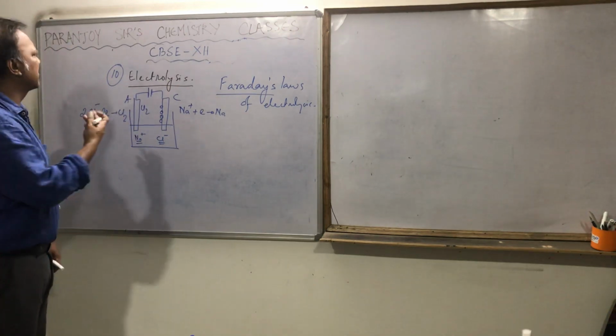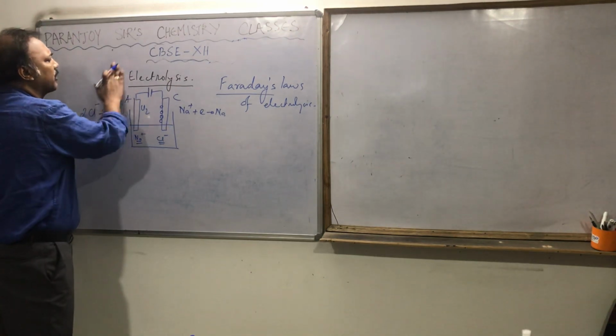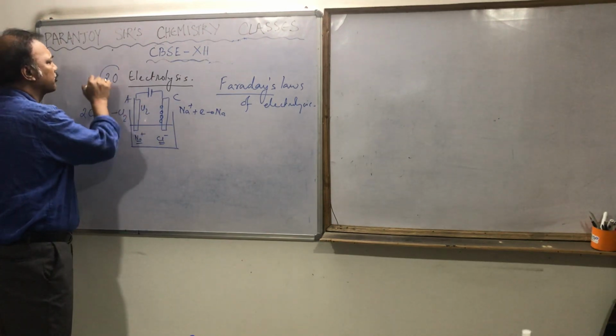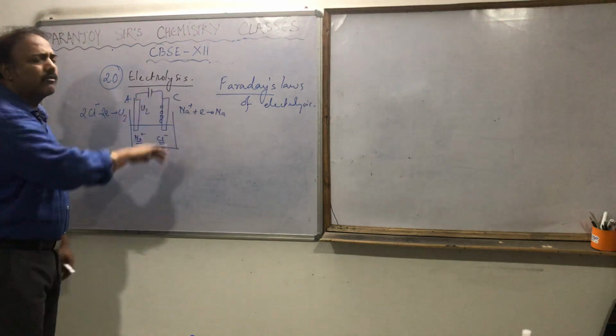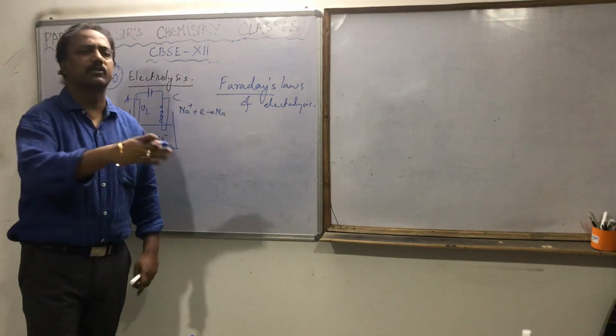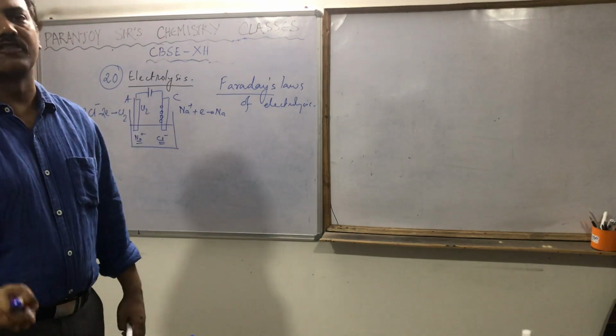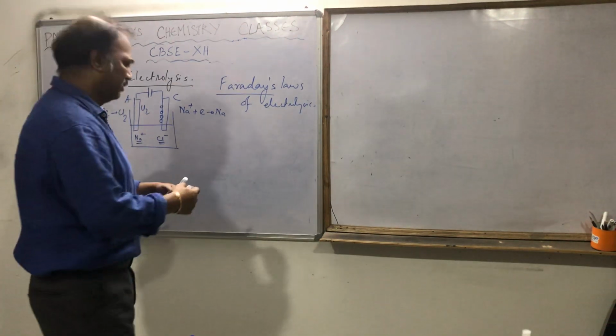Now, what he did is that he tried with a different amount of charge. When he applied, suppose, 20 coulomb of charge, what he found is that the amount of sodium deposited is also doubled. That is his first law. What is the first law?